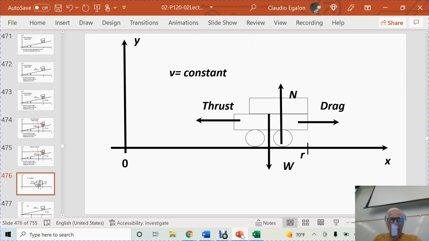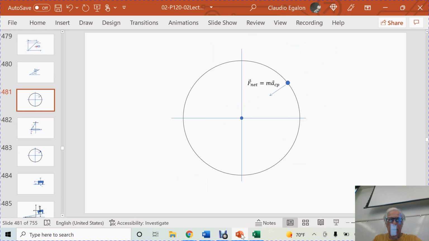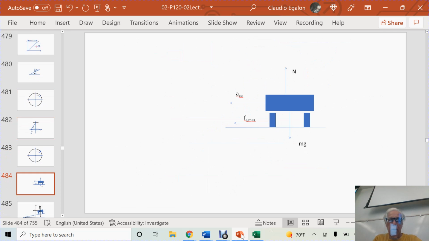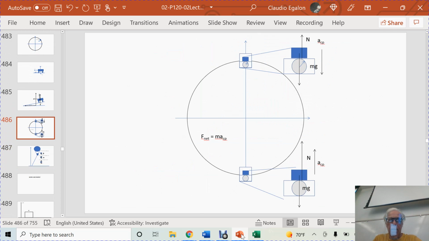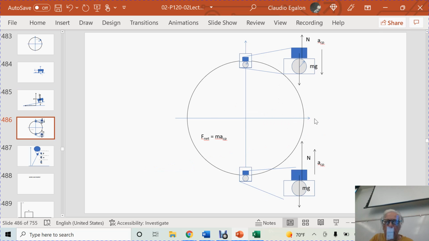Let's see if I have it here. Here, that's the one. Same drawing. And I don't like this normal here. This normal has to be longer than the weight. Here the normal is shorter than the weight. Okay.